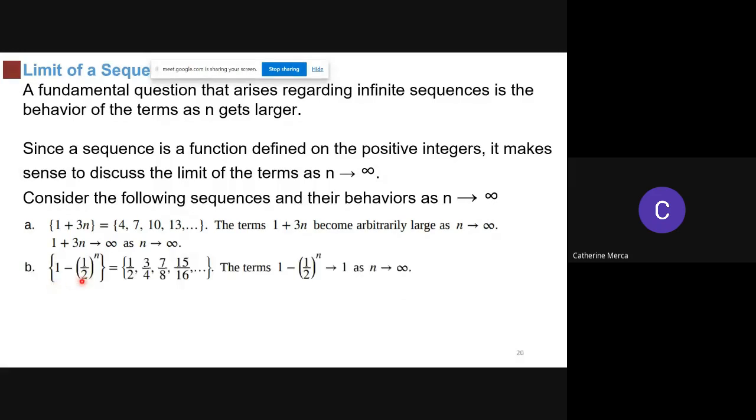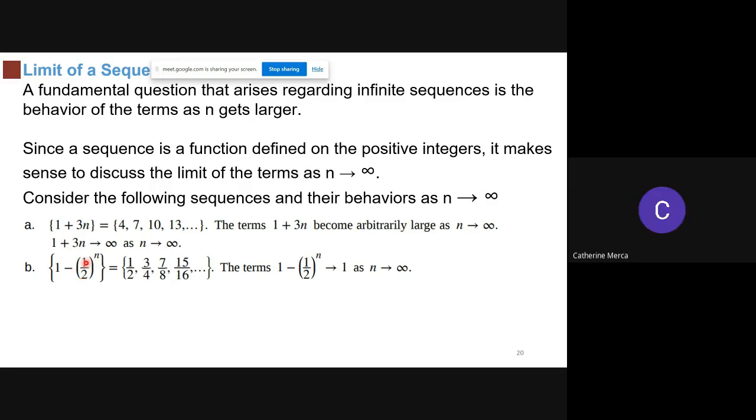The terms 1 minus 1 over 2 to the n. What number will it give you when n here becomes very large? Have you forgotten the limits? Doesn't this go to zero when n is very large? Correct?